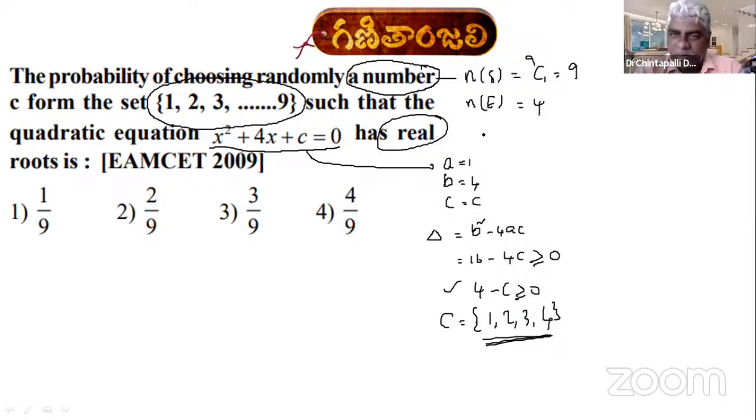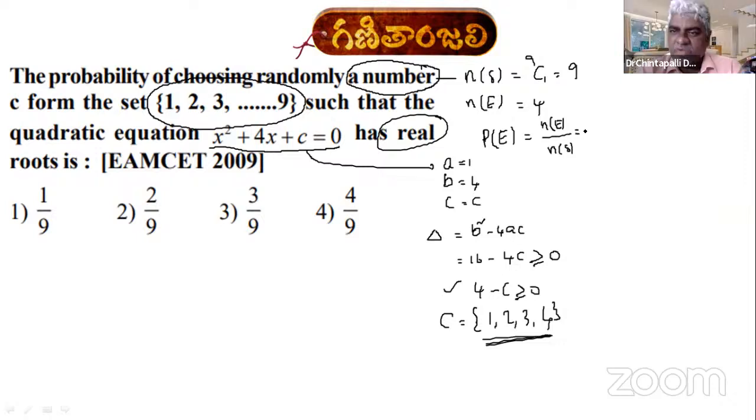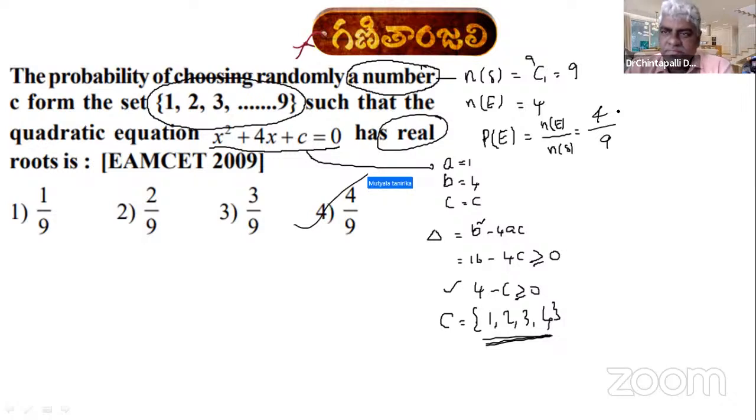Basic formula to find probability of E: P of E is n of E over n of S. It will be 4 over 9. So it's option 4. Very good. Have you understood the analysis of this question?